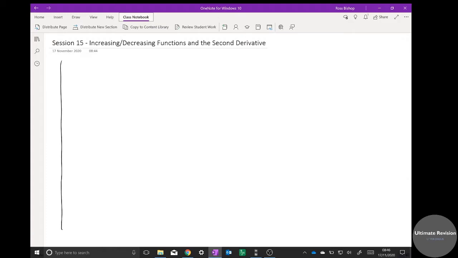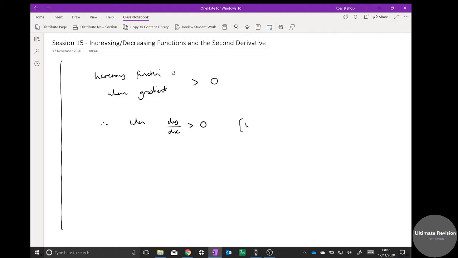I think what I mean by an increasing function is when the gradient is greater than 0. Okay, so an increasing function is when the gradient is greater than 0. So it's when dy/dx, because remember dy/dx just means the gradient, dy/dx is greater than 0.